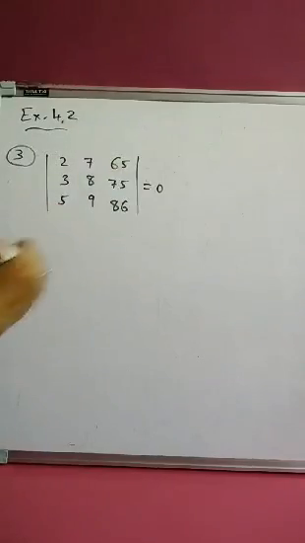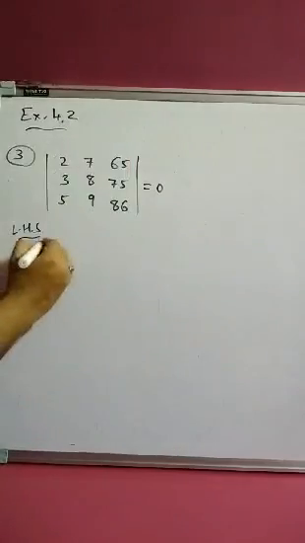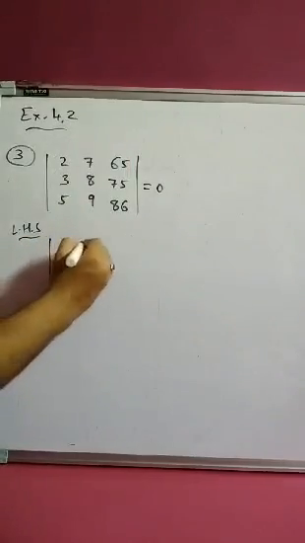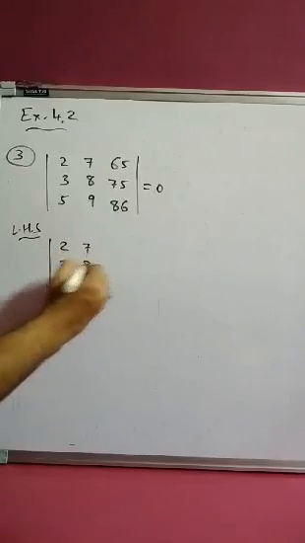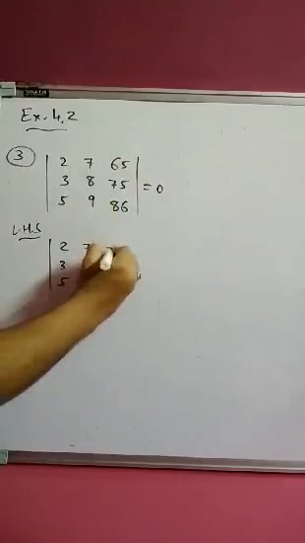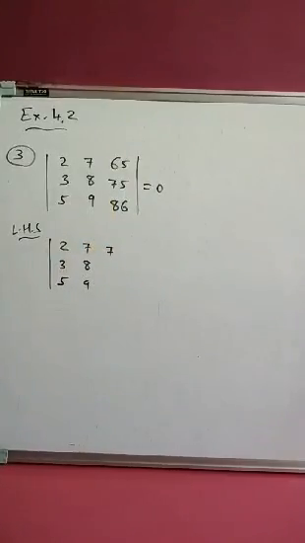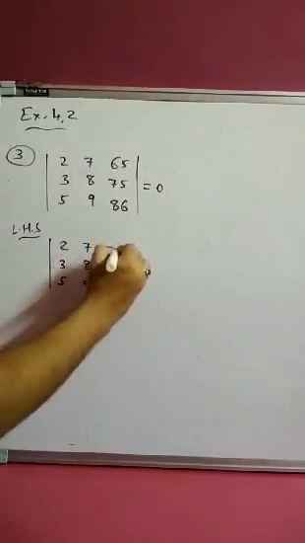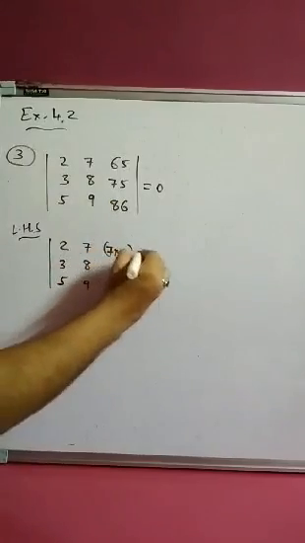But this 65, if I am going to write, listen to me, bigger numbers we will take. Here 2, 7, 3, 8, 5, 9. So 65, can I write 7 multiplied by 9 plus 2?